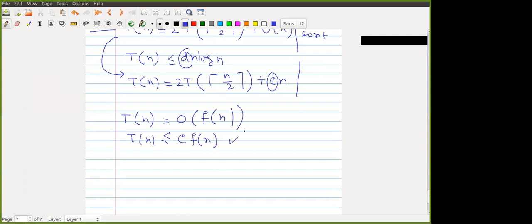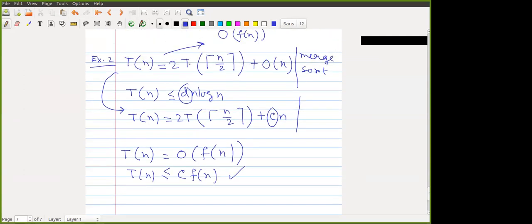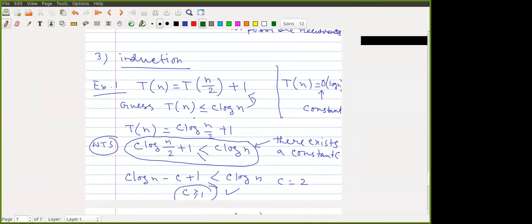This is the reason we have used this. I am assuming T of n is less than or equal to c log n.